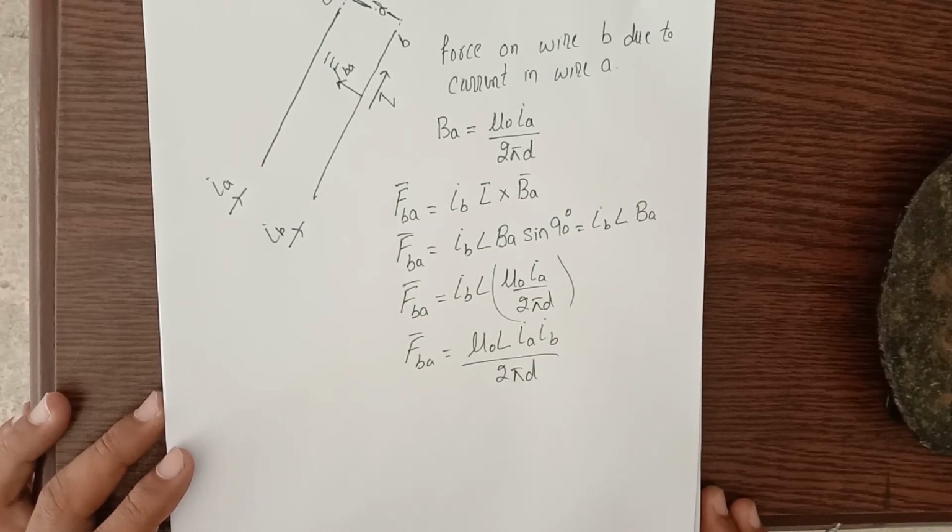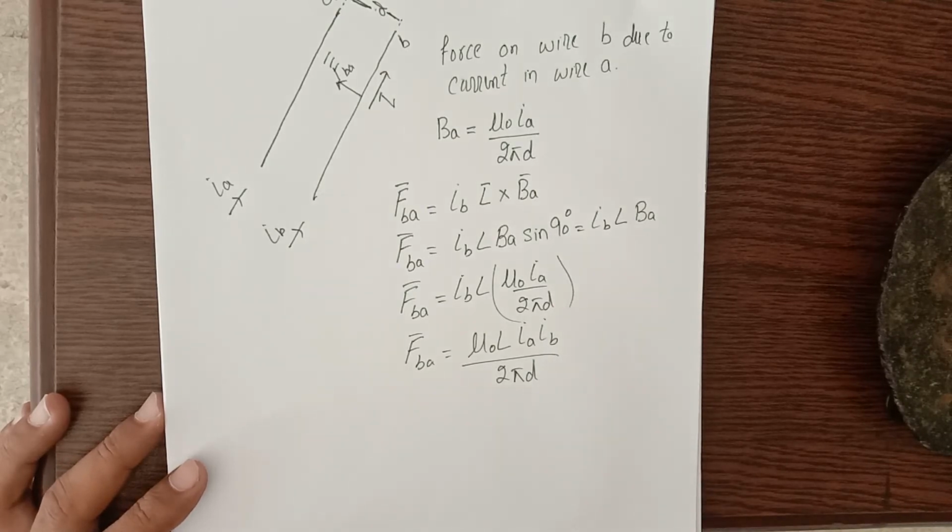The larger the current flowing through these wires, the larger would be the magnetic force between these two wires.